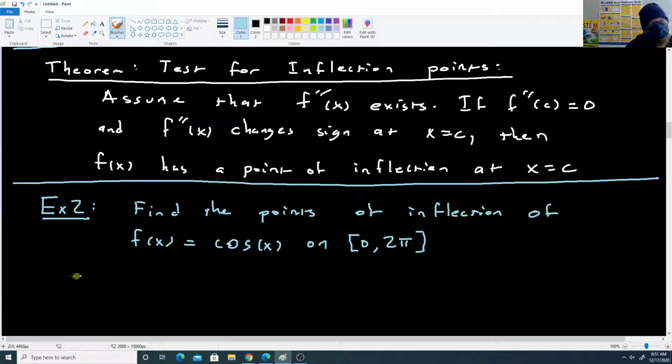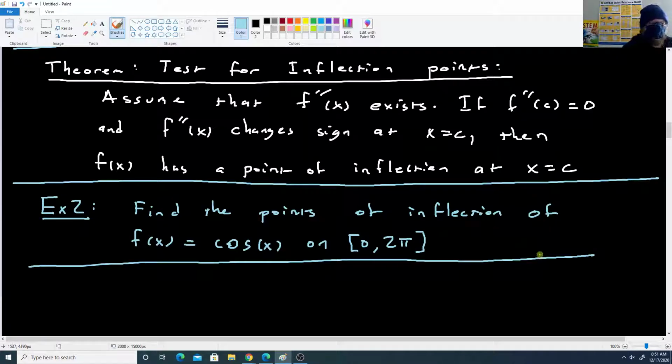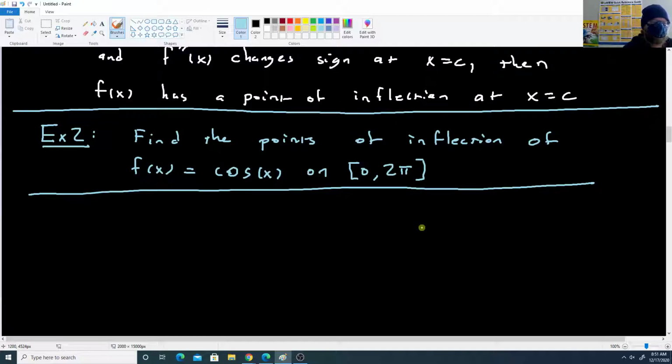Okay, cosine of x is continuous. Well, actually, it doesn't matter. We're going to be able to take the derivative because we're dealing with points of inflection, which means we need to take the second derivative, and if the second derivative is continuous, then we're going to be able to make a couple statements.